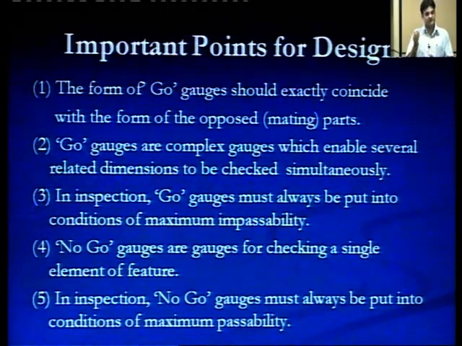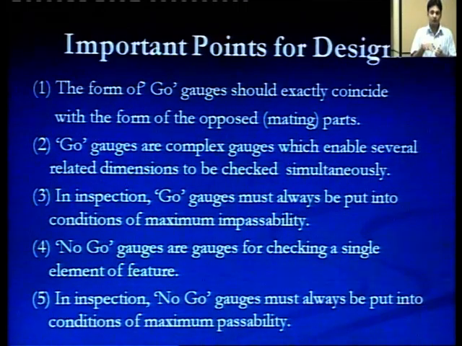In the case of inspection gauges, go gauges must always be put into conditions of maximum impassability. Okay, means the go gauge is designed so that it should not pass through the pieces we are checking, because if it is going to pass, then we cannot differentiate between the inspection gauge and the work gauge.